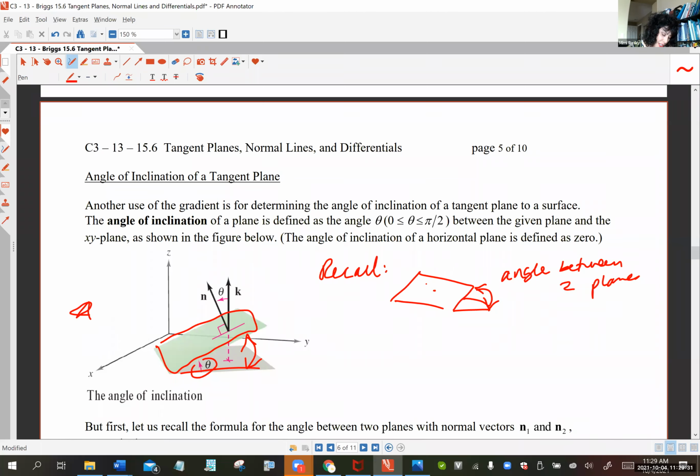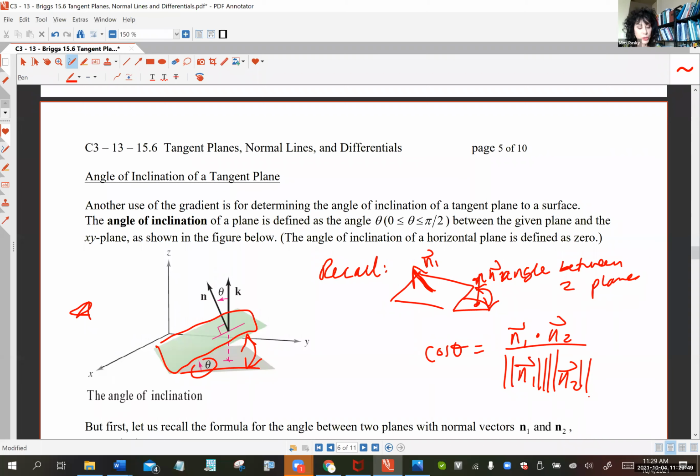You found the normal vector to one plane, call it n1. You found the normal vector to the other plane, n2, and the cosine of the angle between the two planes is the same as the angle between the two normal vectors. Except you want to guarantee that you don't get the other angle on the back side.